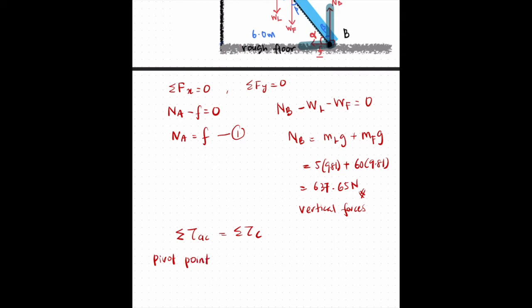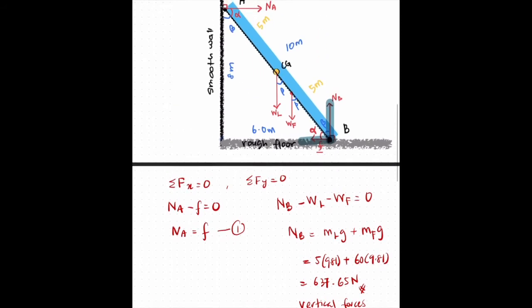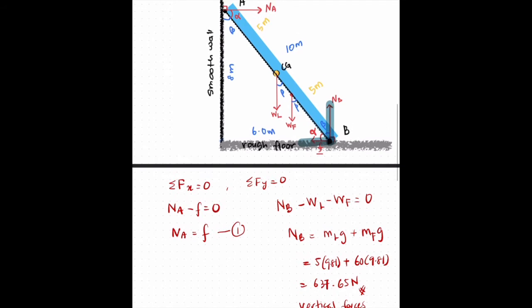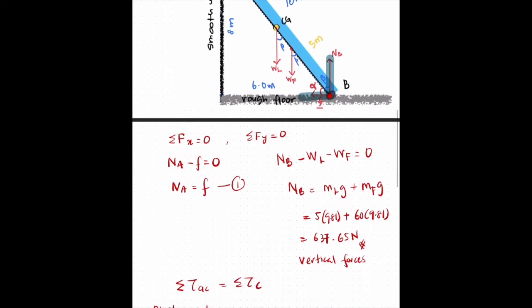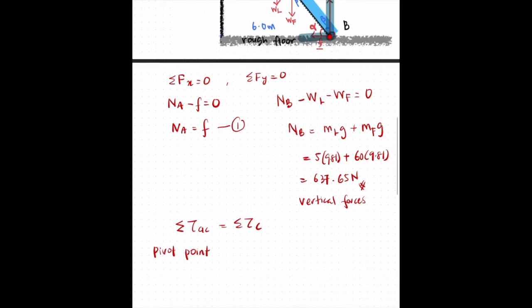Choose any point you want, either at the CG, at the end of B, or A. I choose here. Why did I choose here? Because when I choose point B, the total torque of forces here is 0.